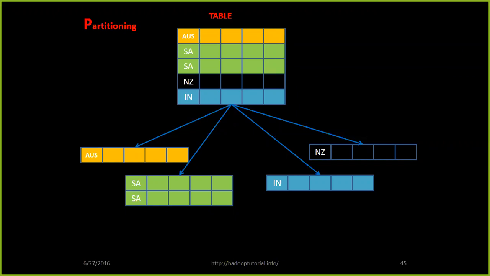For simplicity, let's take all those 10 million records as equally spread across 10 countries. Suppose Australia has 1 million records, South Africa has 1 million records, New Zealand has 1 million records, and India has 1 million records. That way, total 10 countries, 10 million records.